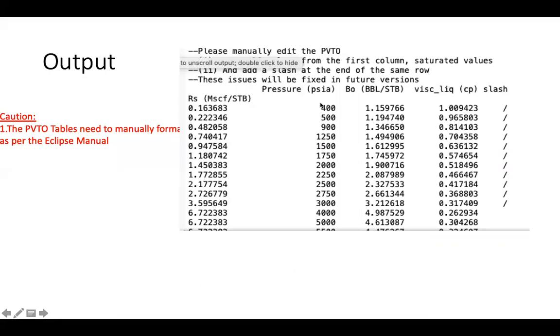I'm pretty much following what the Eclipse simulator does. It's just that, I don't know if you can see my mouse, you can see that the RS is increasing, and then it stabilizes. Eclipse doesn't want these values. Eclipse only wants one saturated value. It doesn't want those values being repeated. So this is where you would have to do some manual work. And you need to be careful about these slashes at the end.